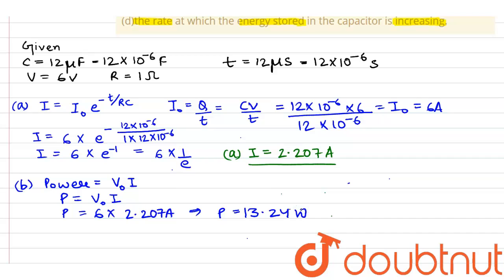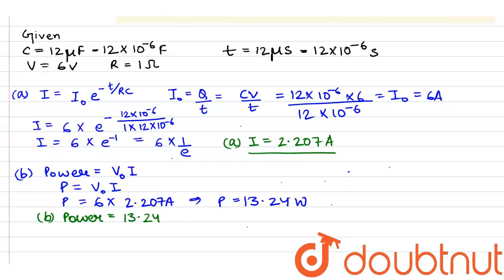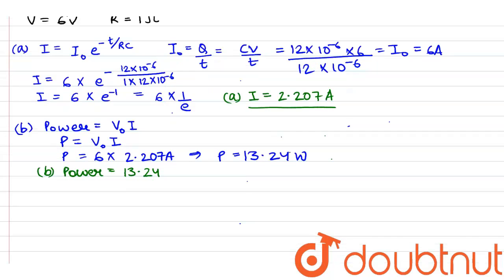So this is the power that we have, which is going to be our answer for part B. So we can write part B, power is equal to 13.24.